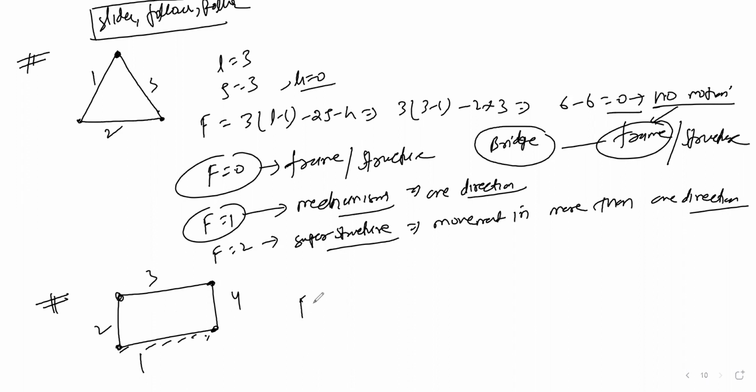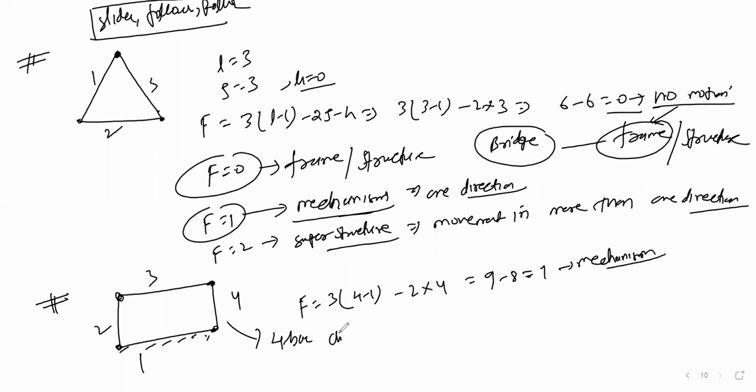So the degree of freedom is 3 into 4 minus 1 minus 2 into 4. So 3 fours are 12, minus 3 is 9, minus 8 is 1. So the degree of freedom is 1, which means it's a mechanism. Yes, this is called a 4-bar chain mechanism. So here we can say that the minimum number of links should be 4.